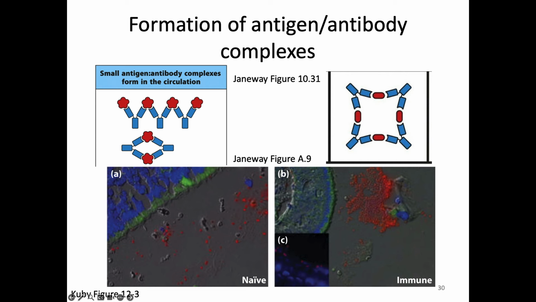The basic idea here is that if you have many antigen molecules and many antibody molecules, because oftentimes those antigens will have repetitive epitopes and the antibody has multiple arms, you can sometimes get these giant clumps of multiple antigens that are bound to multiple antibodies. And so you can see a nice example here. These are known as antigen-antibody complexes, these clumps. And when those are made either in blood or in tissues, they basically precipitate out.